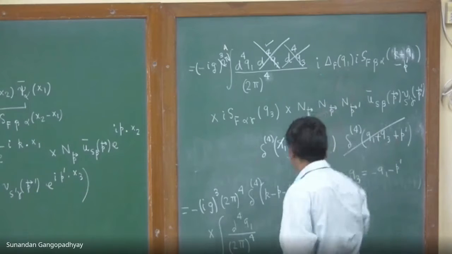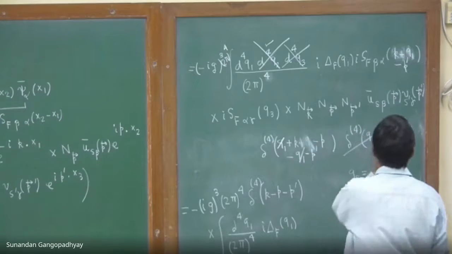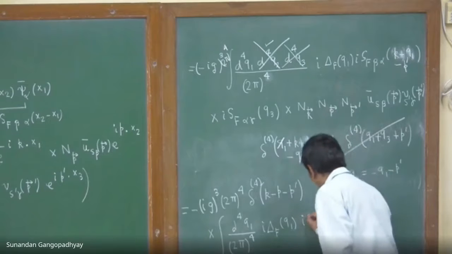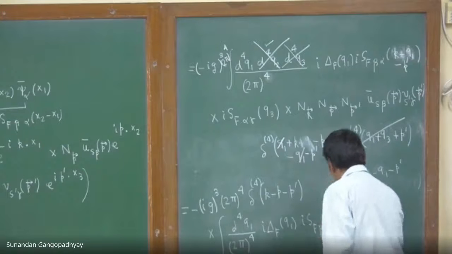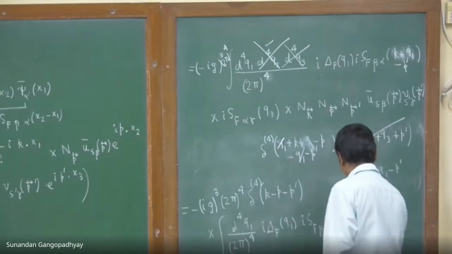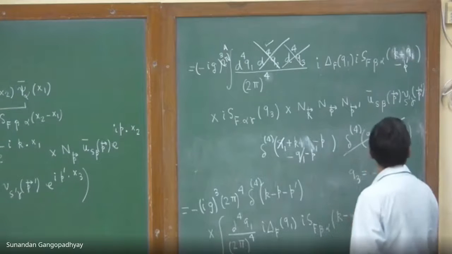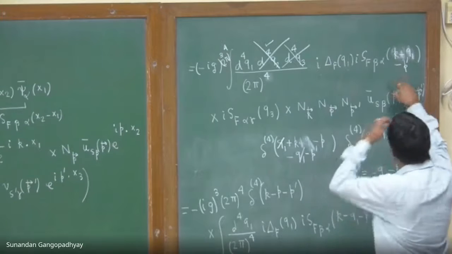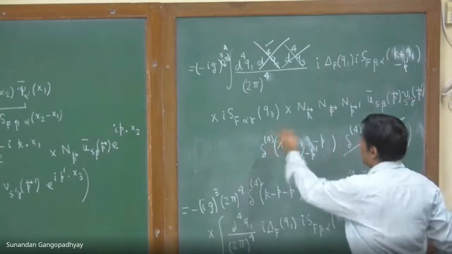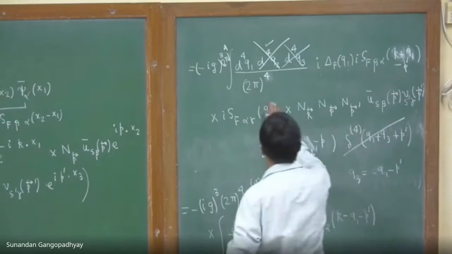Then we have this one, the propagator i delta, is 1. Then we have i, is a minus Q1 minus P prime. This is also taken care of. And Q3, we have to replace here also Q3 by this one.